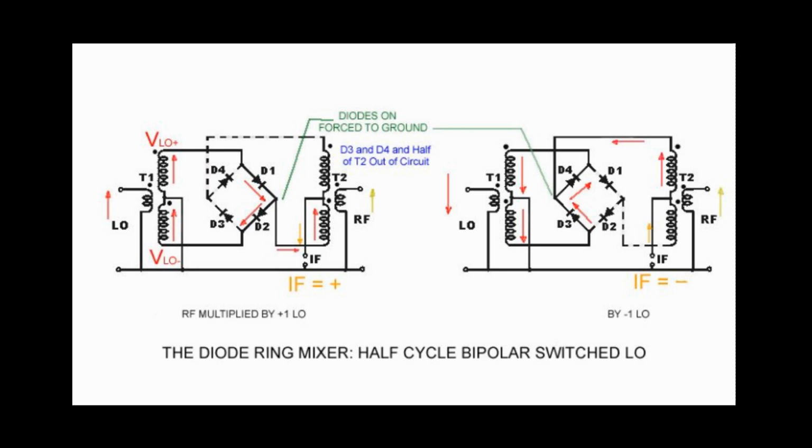So we're getting a positive on the IF. Current's flowing out. Next, the LO flips, and it's going to go downward, a falling edge of a sine or square wave. Now D3 and D4 get turned on, and now the top dot side of the T2 balun gets grounded. The multiplication results in a current sink from the IF.